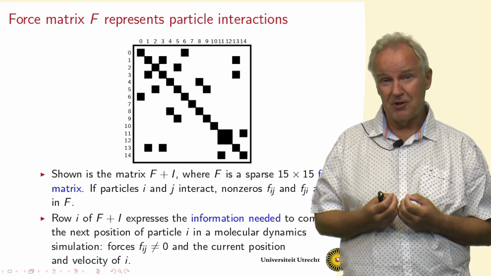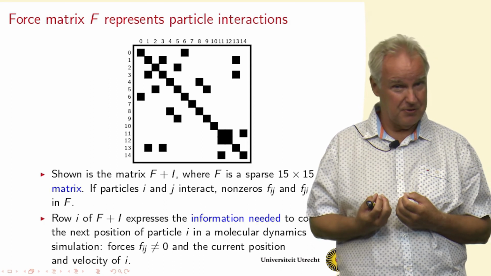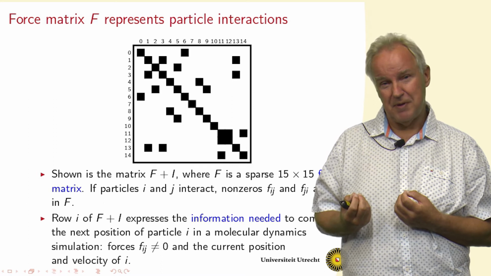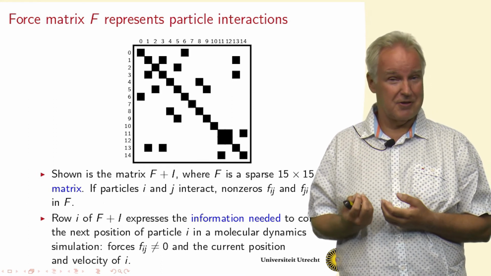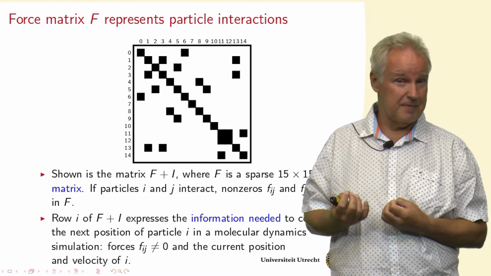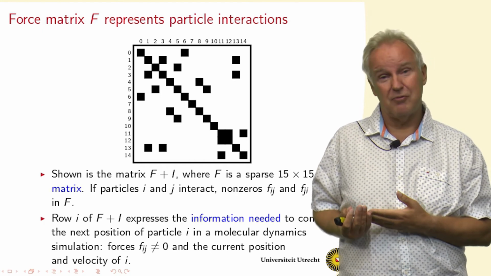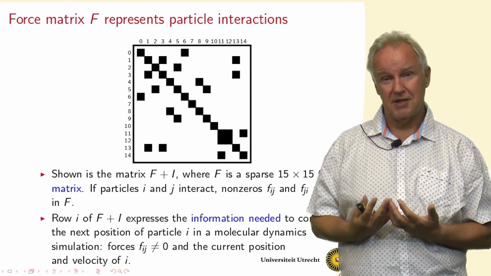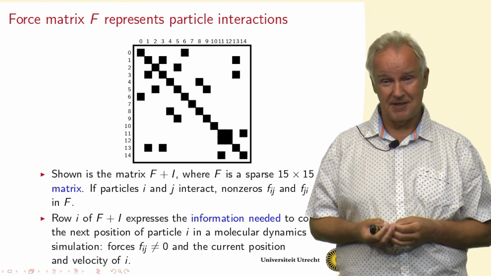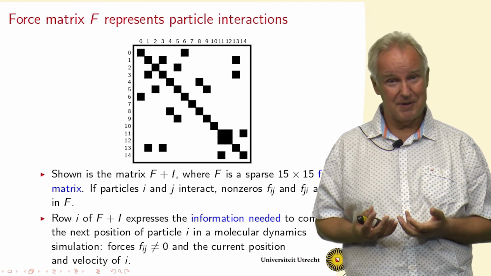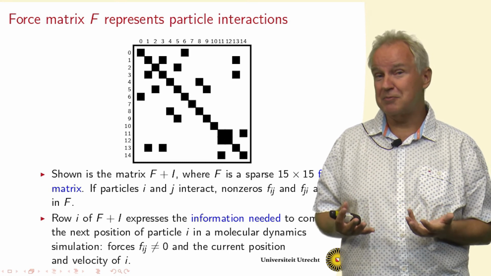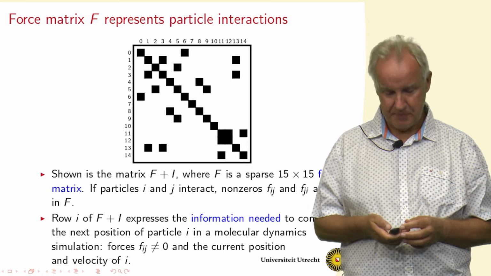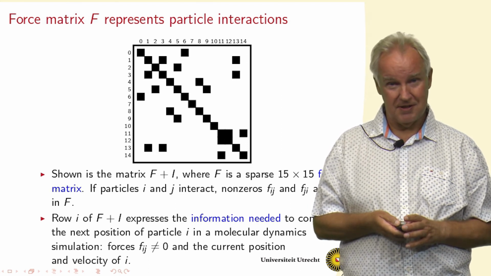What you need is all the F_ij's that are non-zero, but also the diagonal element, which basically says I need the velocity and the position of myself at a previous time step. So this is the matrix that represents it, and you could use it, for example, to find a good distribution of the particles. That's a different look at the particles.